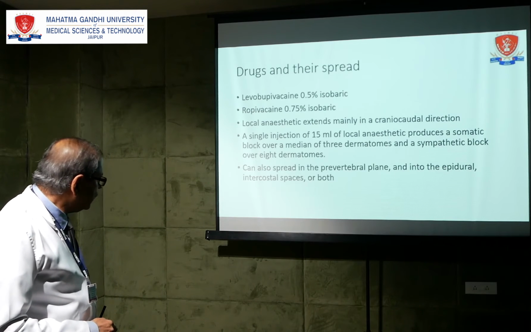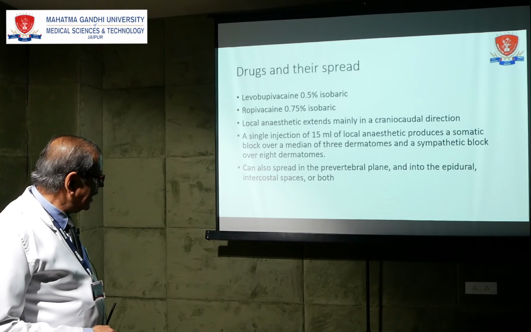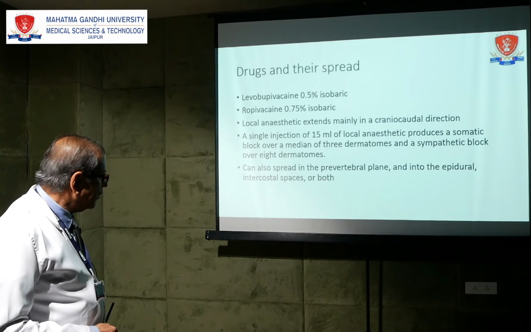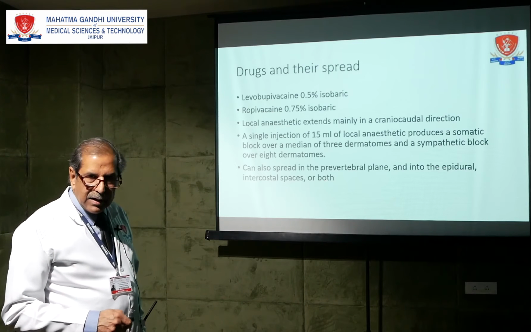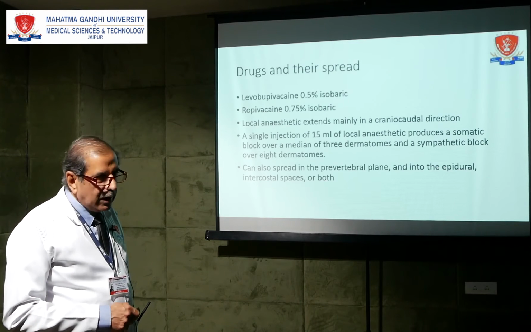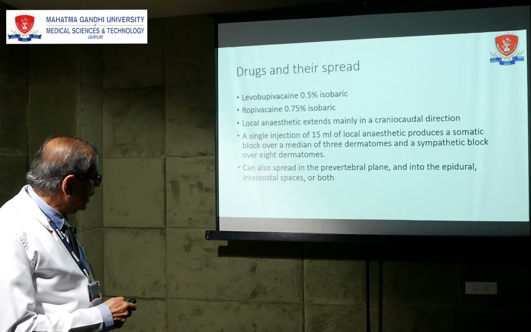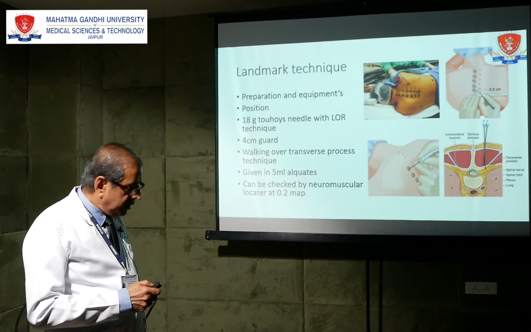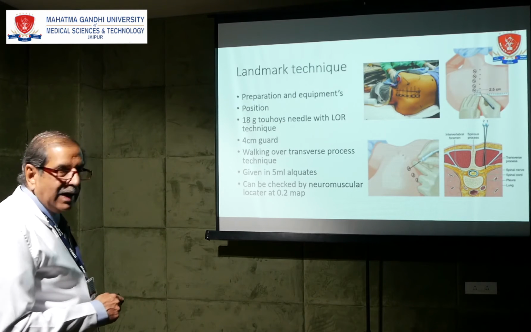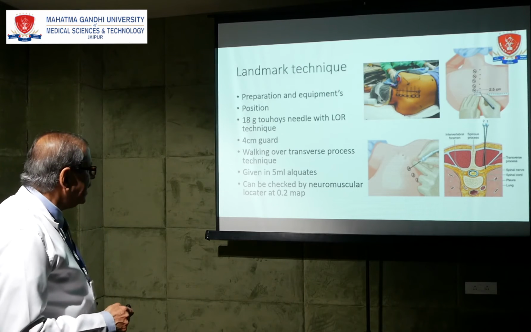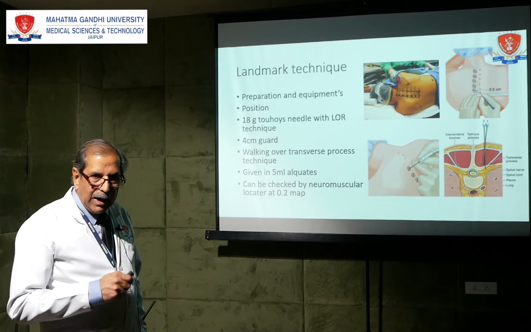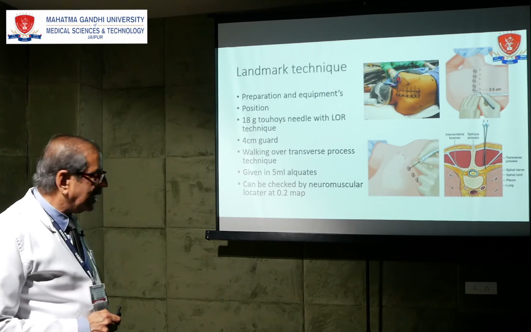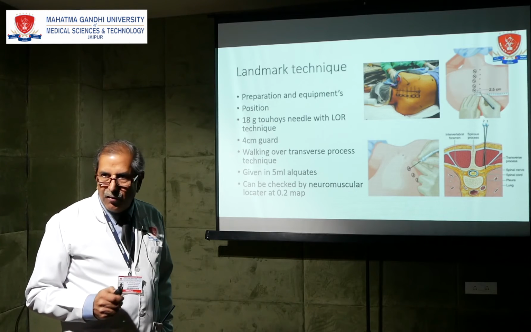It can also spread in the prevertebral plane and into the epidural and intercostal spaces on both sides, and it can result in an epidural block or can extend to the other side, a contralateral paravertebral block. Now, for the landmark technique, you have to be familiar with the anatomy and the landmarks. These are blind techniques, and they are the conventional method of giving the block.